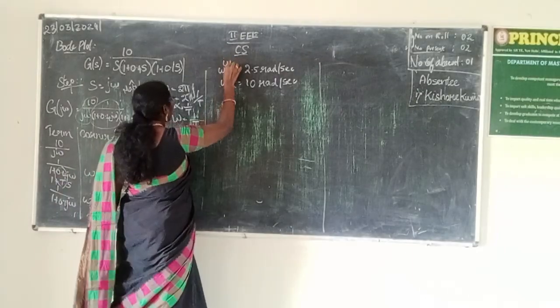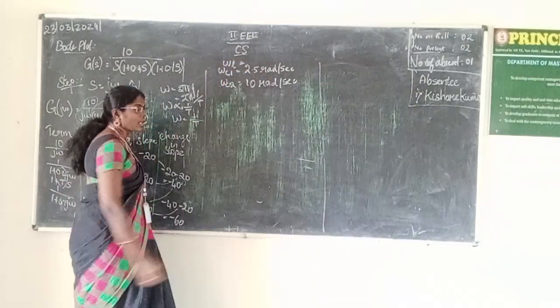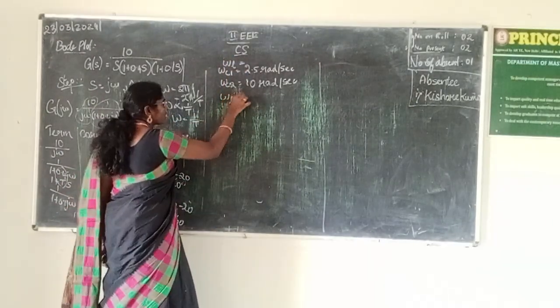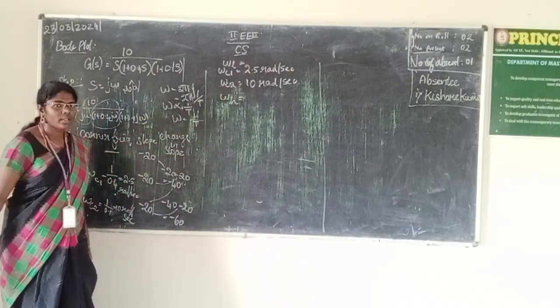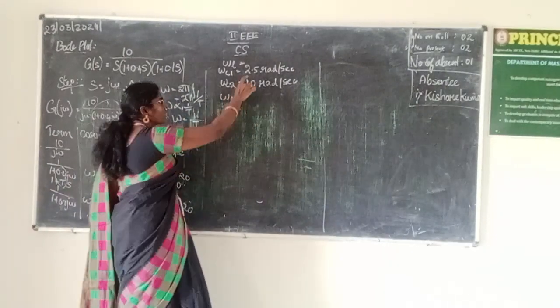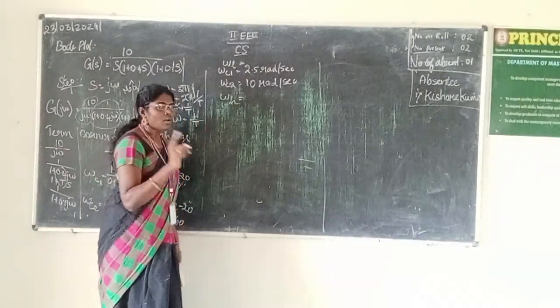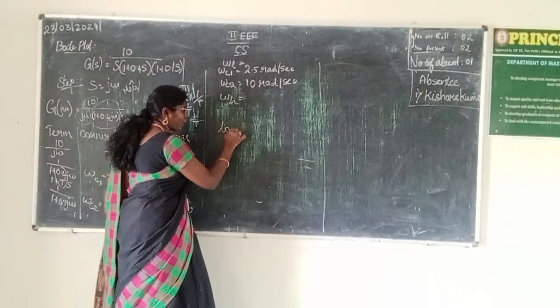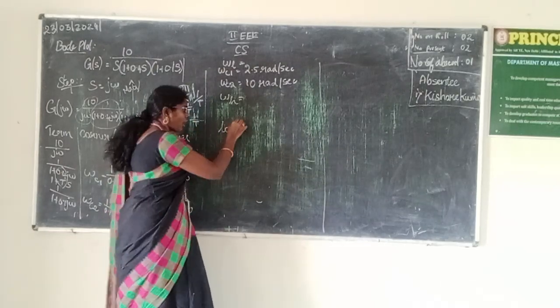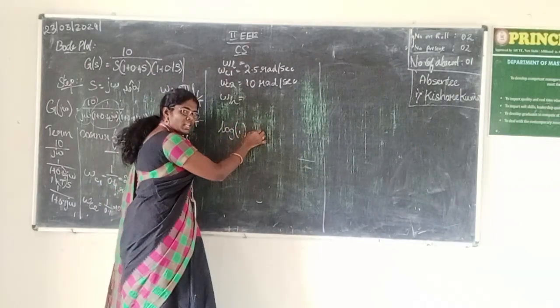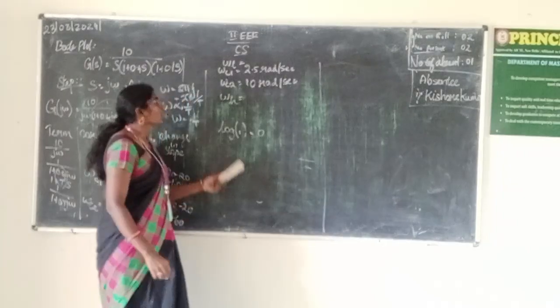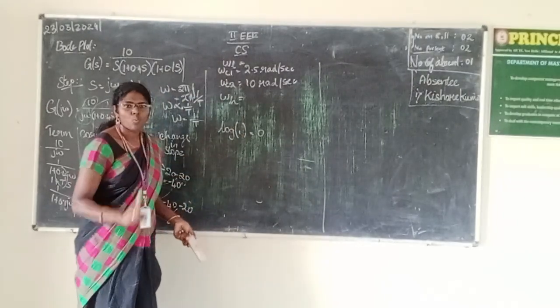The lower frequency should be less than 2.5. If you take 1, what will happen? We will be finding the log of k, right? Log of 1 will become 0.